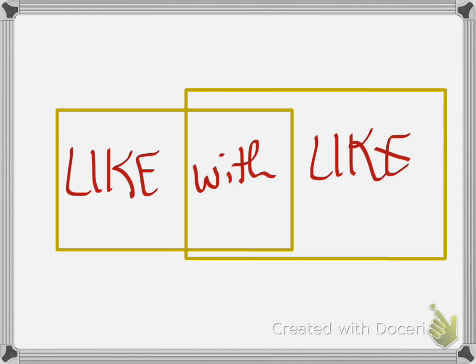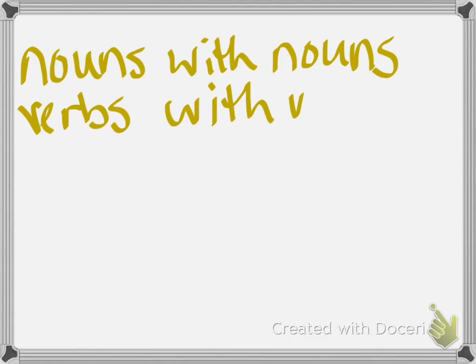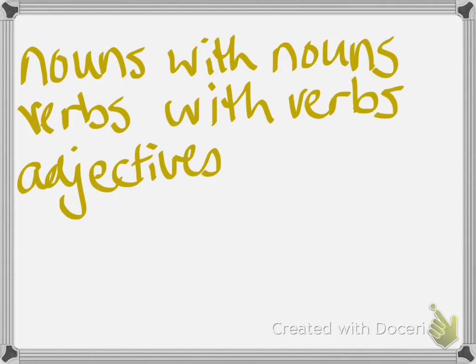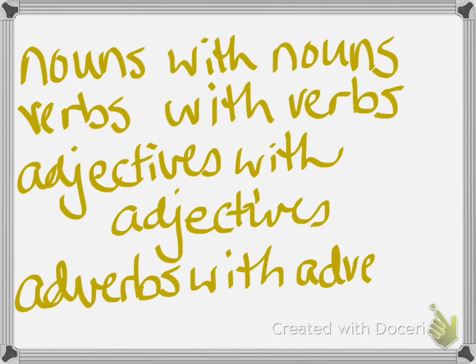The idea with conjunctions in English is that you have to put like with like: adjectives with adjectives, nouns with nouns, phrases with phrases, or independent clauses with independent clauses. And this is really important to remember because in Spanish you can be a little more flexible with it, but in English it's got to be like with like.